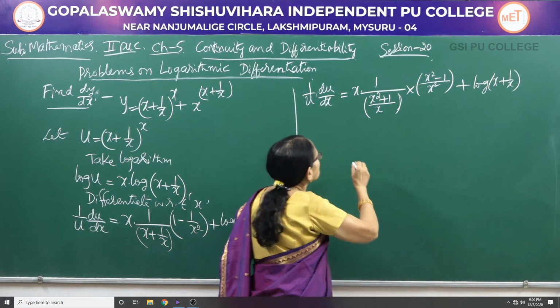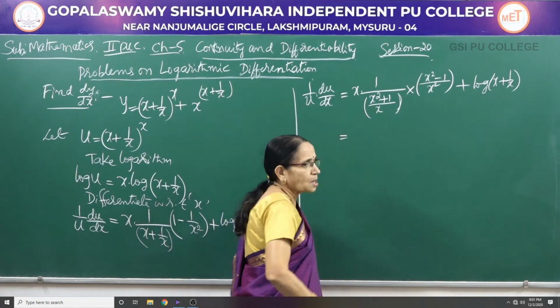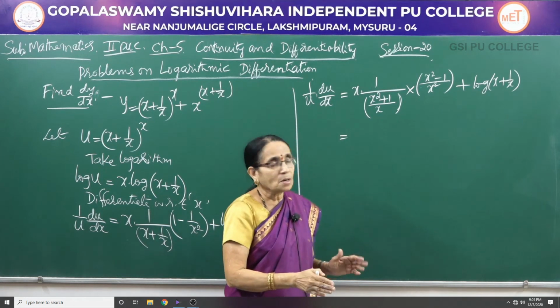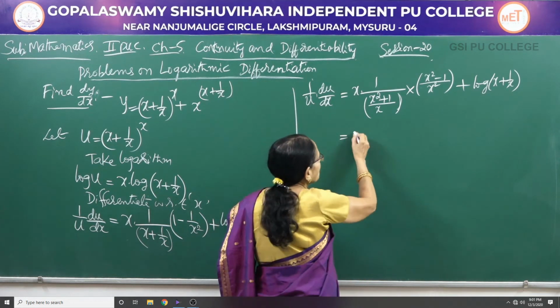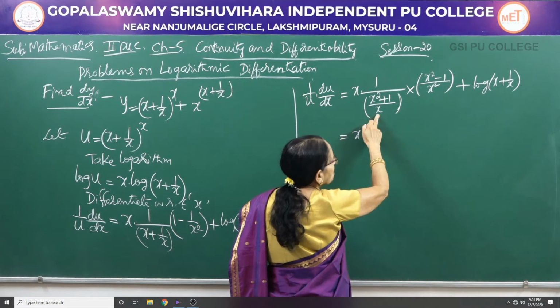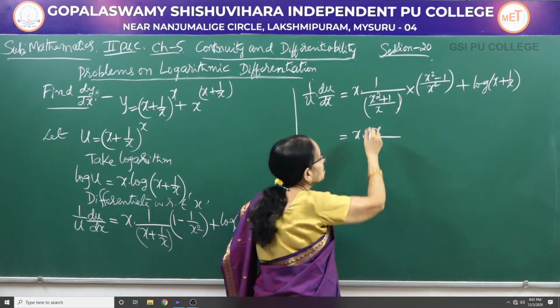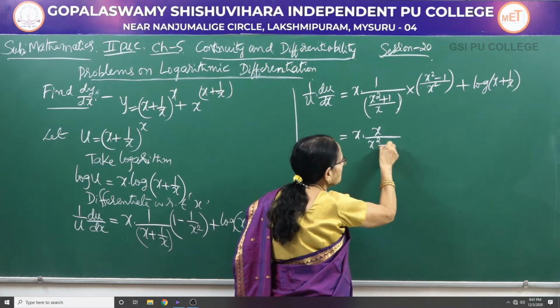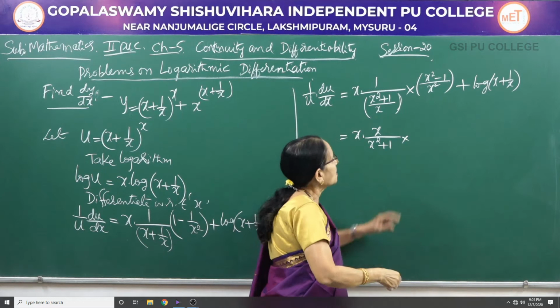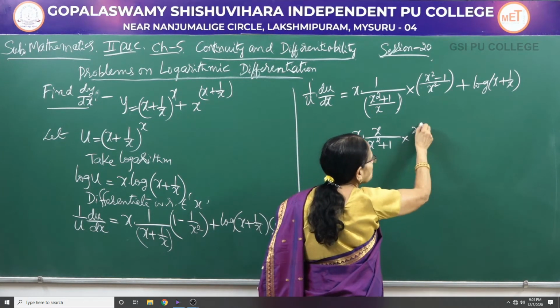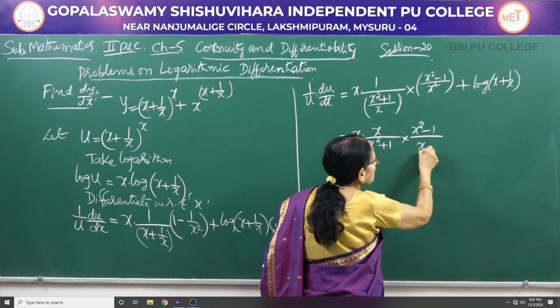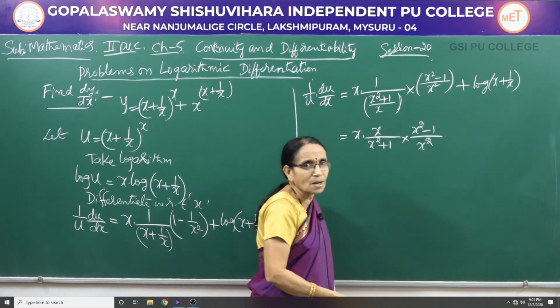Now, only in the first term you can simplify, some term is getting cancelled, that is this x being the denominator of the denominator goes to the numerator. This becomes x divided by x square plus 1 and here it is x square minus 1 divided by x square. This I am writing as it is.